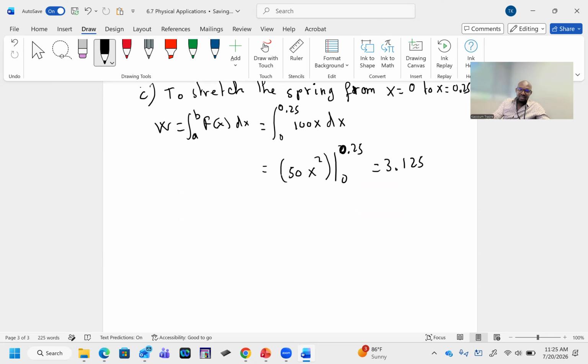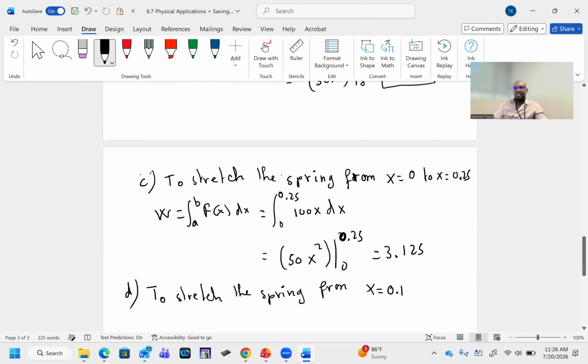D, to stretch the spring from x is equal to 0.1, because that has already been done, right?